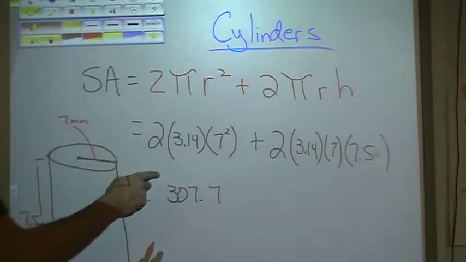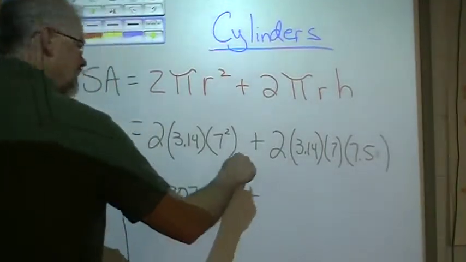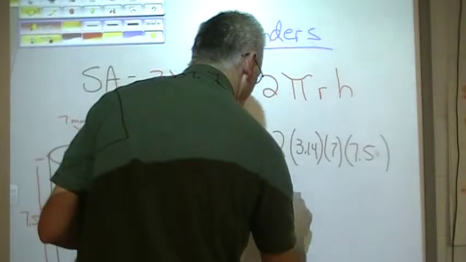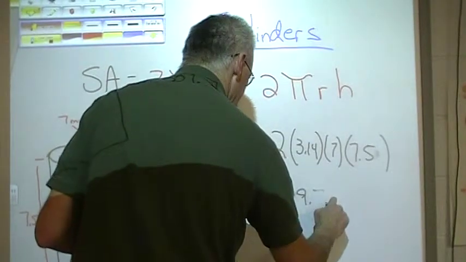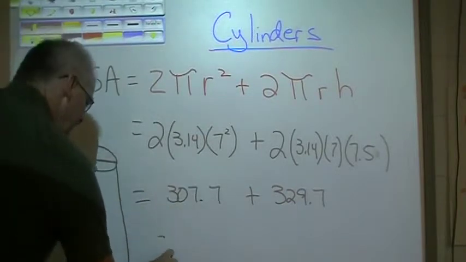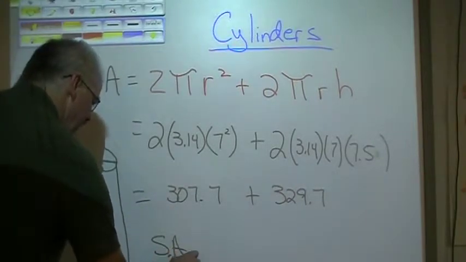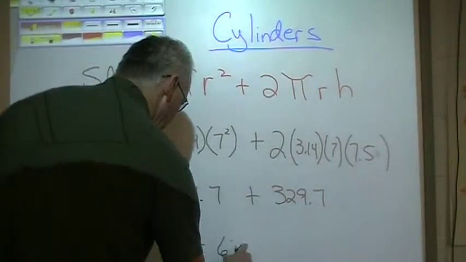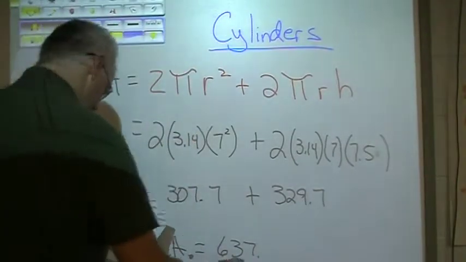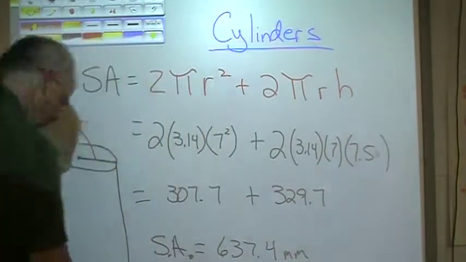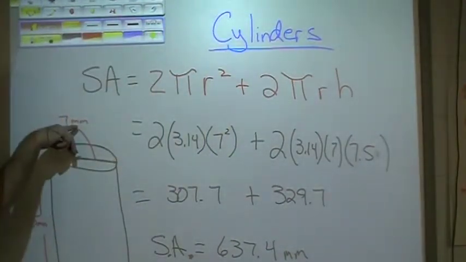So 307.7 plus 2 times 3.14 times 7 times 7.5 comes out to 329.7. Add those two together. The surface area of this cylinder comes to 637.4 millimeters. That's what we were dealing with, millimeters.